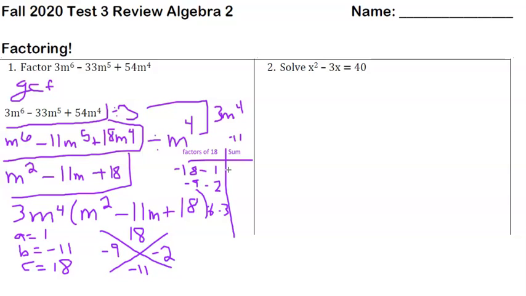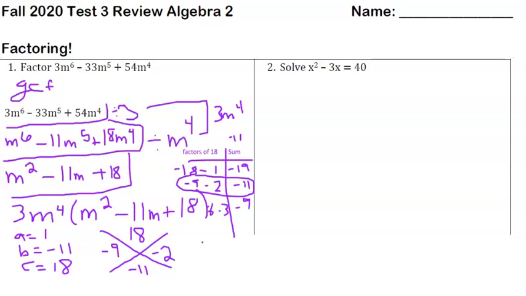So we'll write our sums. We have negative 19. That doesn't work. We have negative 11. That does work. And then we have negative 9. That also doesn't work. So that's why we would choose this factor pair over the others.